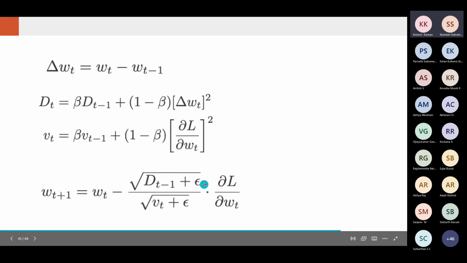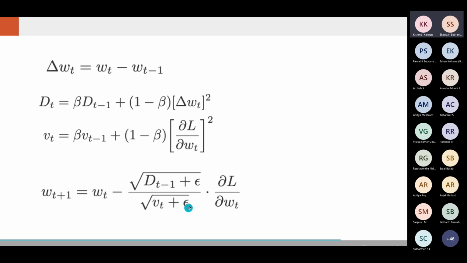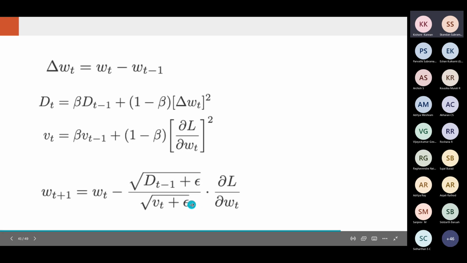And once again, this epsilon is just a very small value, in case this Vt reaches 0. If it becomes 0, this whole term will explode to infinity.